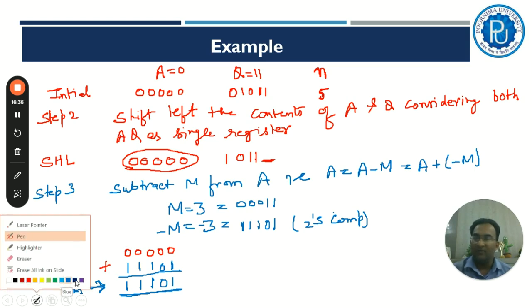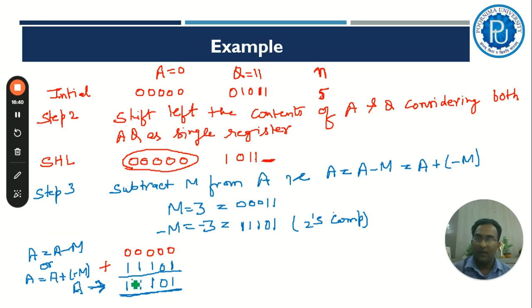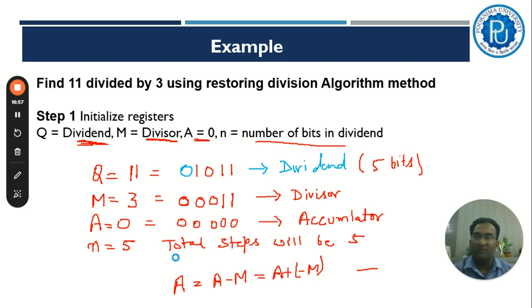So we have added these two values, and now see what we got in the accumulator. In the accumulator, we got the value with MSB equals to 1 there. So that means we are getting the value as negative, because what we are doing, we are subtracting 2 minus 3, which is obviously going to give a negative answer. So what was the algorithm saying?